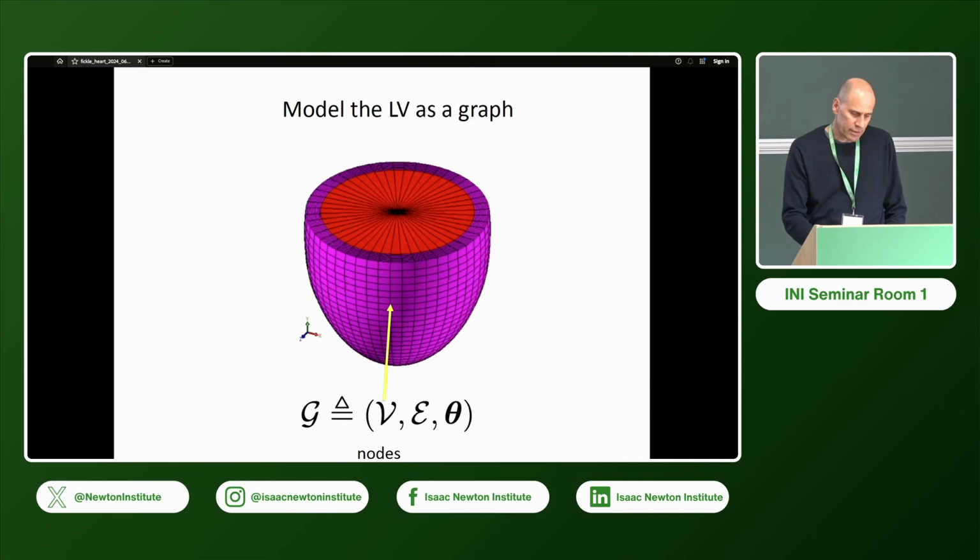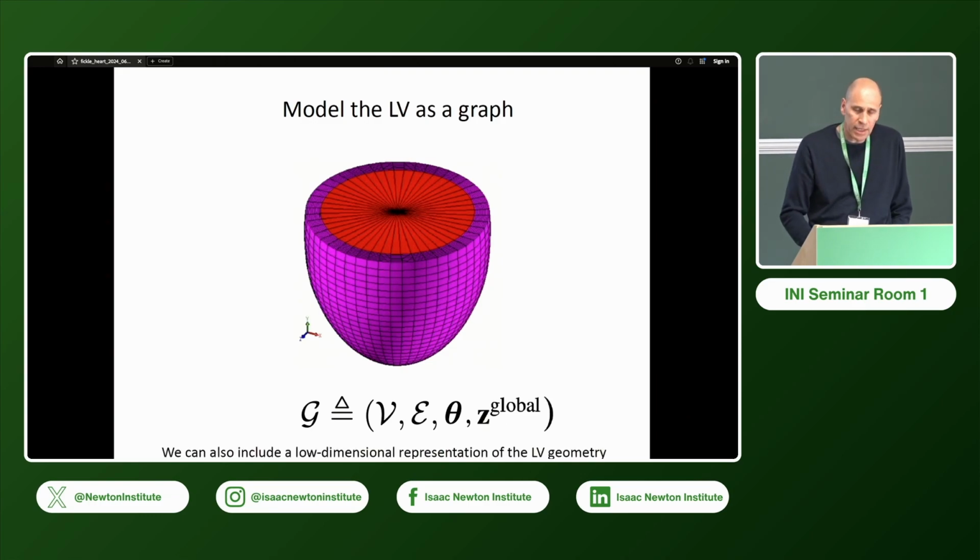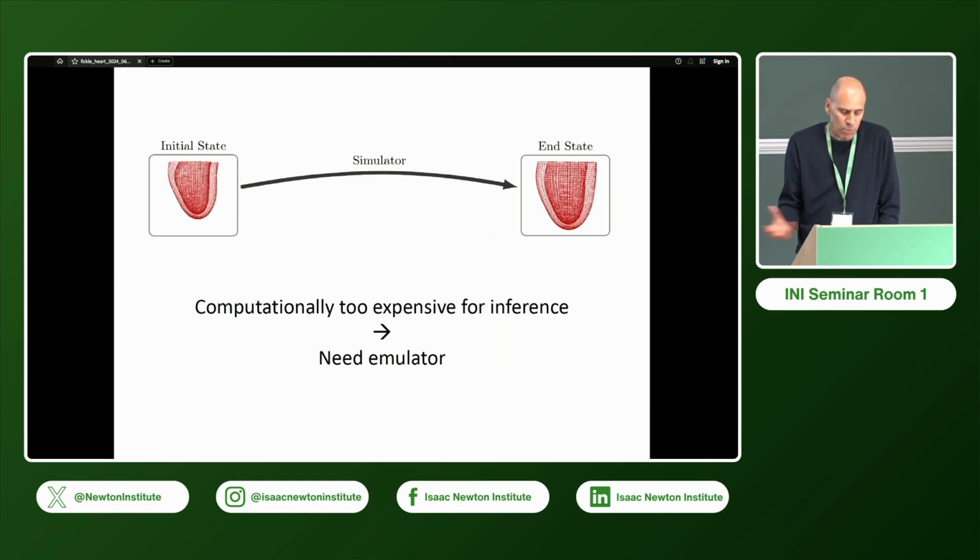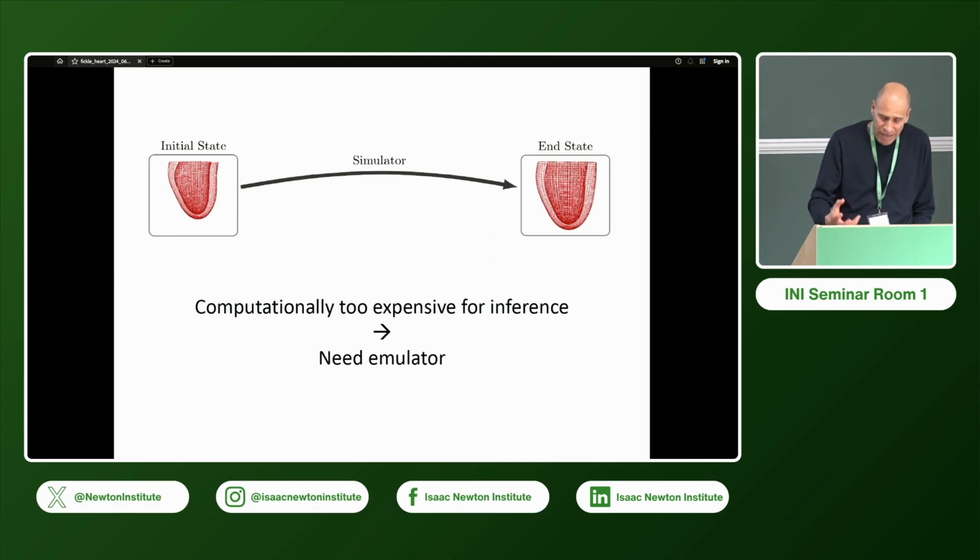So we represent the left ventricle by a mesh. We have nodes, we have edges, we have dependence on the parameters that we're interested in, and we also bring in information about the shape, the volume of the left ventricle at early diastole via a dimension reduction via principal components. Running a simulator for inference is computationally too expensive.